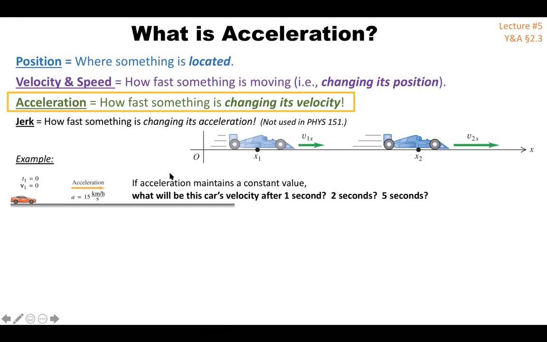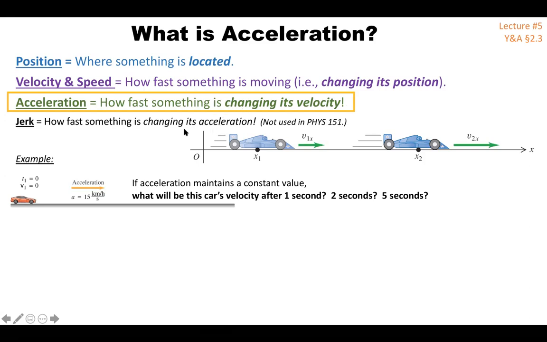If, on the other hand, you apply your foot to the brake pedal and your velocity over time is decreasing, then that is also an acceleration. That is a negative acceleration, or in common speech, we often call that a deceleration. It's anytime your speedometer reading is changing over time.